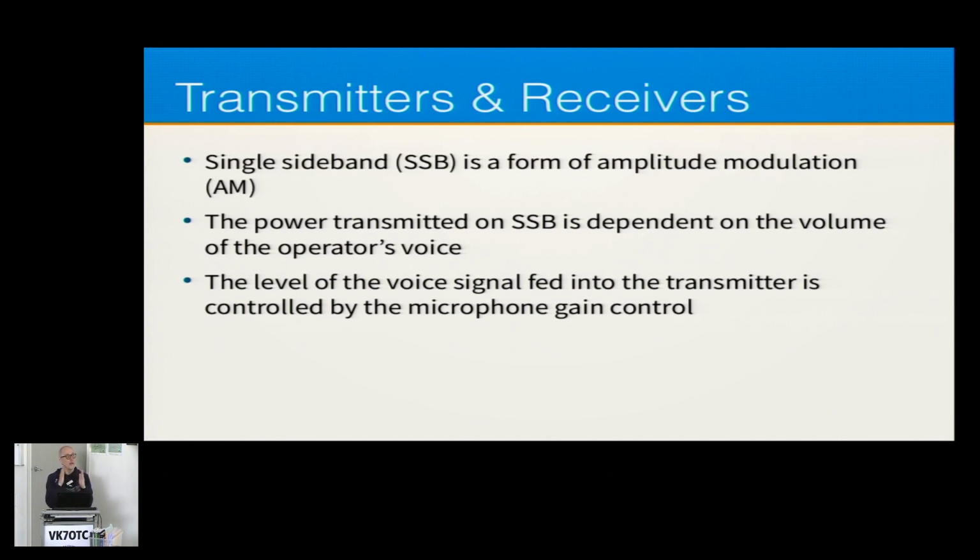Those are the artifacts that you get when you combine two frequencies together. What we do in single sideband is we filter out the sideband we don't want, all of those bits of information that we don't want. So we've only got one side, and normally we also filter out the carrier, which is that center frequency.